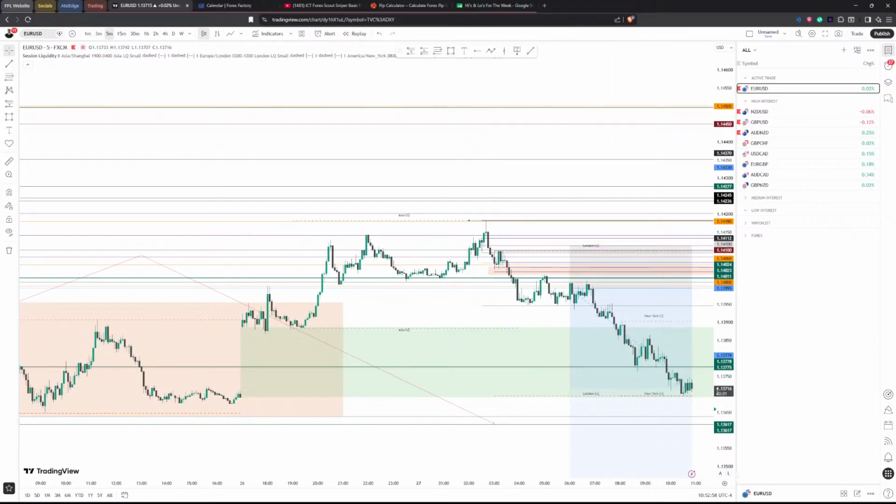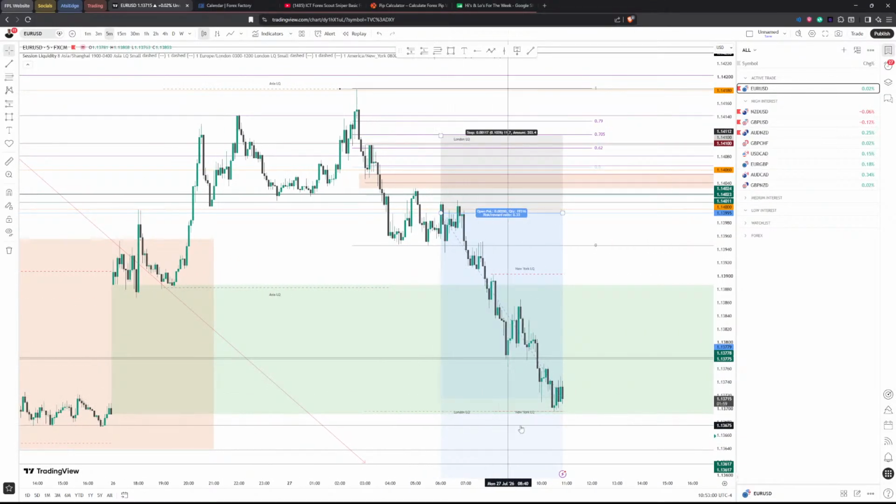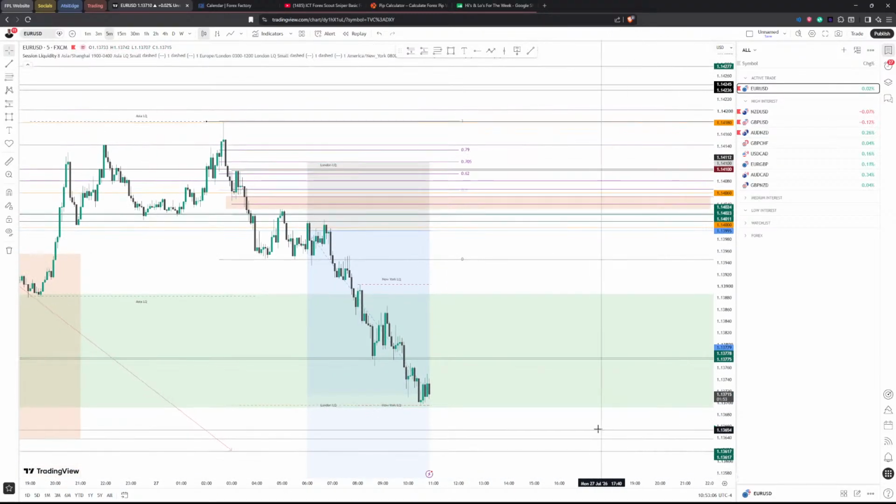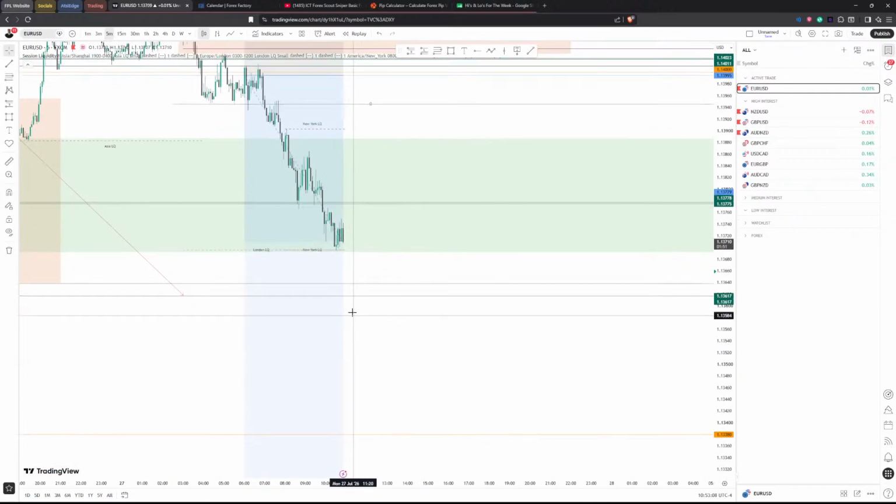Have a quick look at live. Okay, so we're now currently at the bottom of this first initial target, and the way price looks, I don't mind holding all of my trade further downwards.